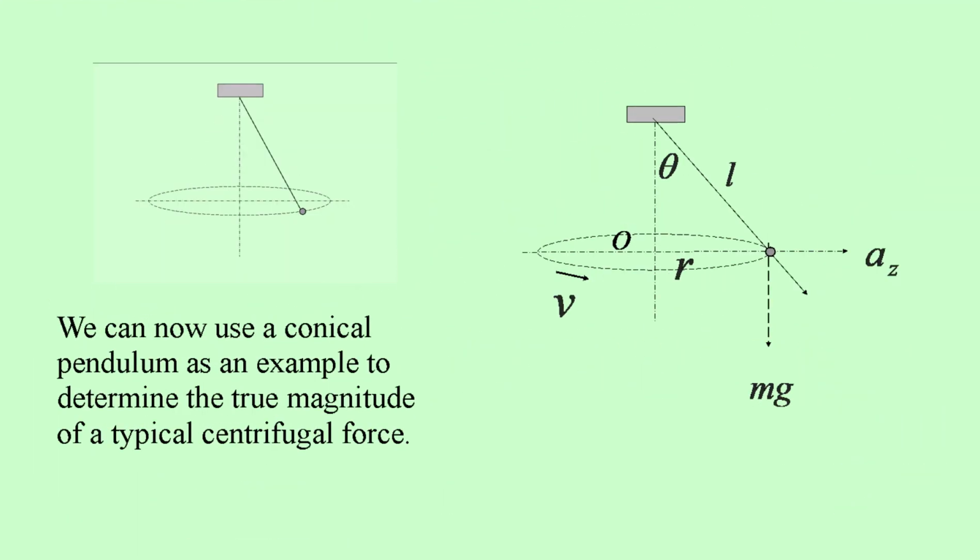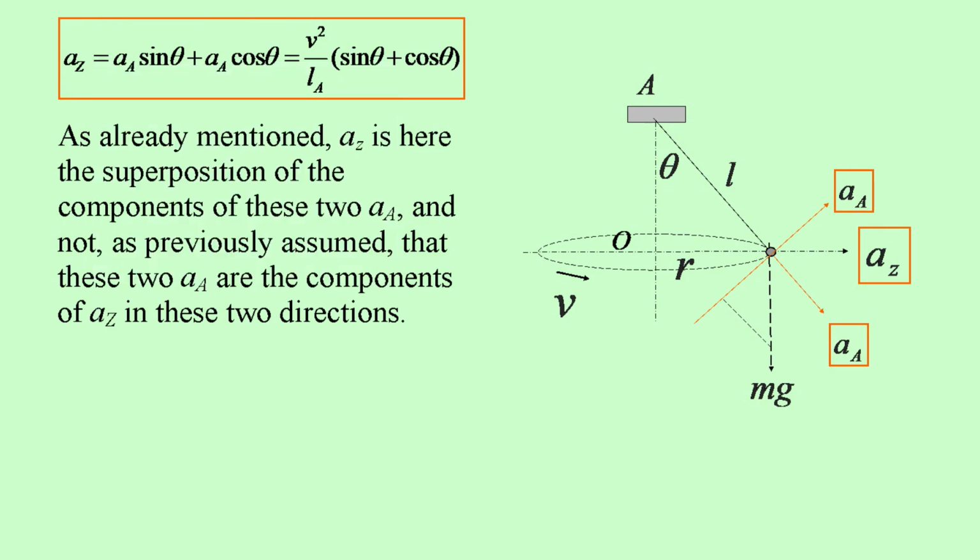We can now use a conical pendulum as an example to determine the true magnitude of a typical centrifugal force. As already mentioned, AZ is here the superposition of the components of these two AA, and not, as previously assumed, that these two AA are the components of AZ in these two directions.